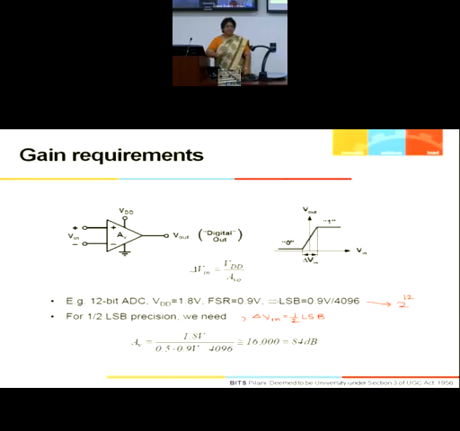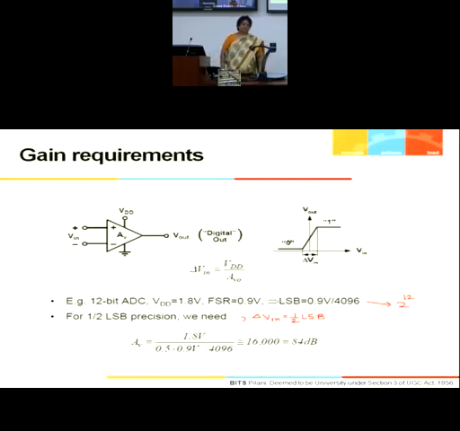And suppose I say that the comparator should have a comparison time of say 1 nanosecond. That is, I want my comparison operation to be within 1 nanosecond. So how much should be my 3 dB frequency? Can you compute?